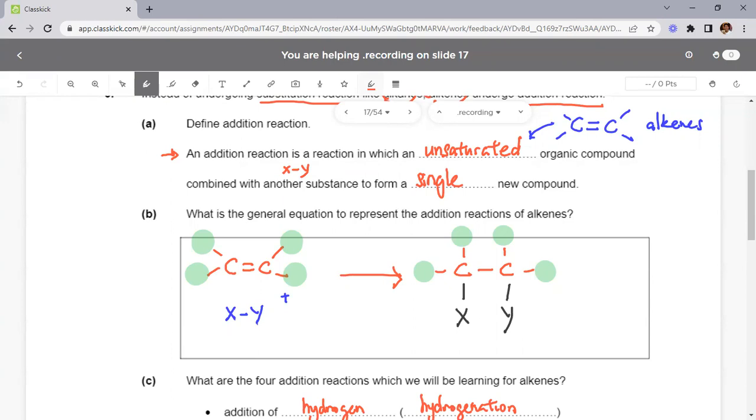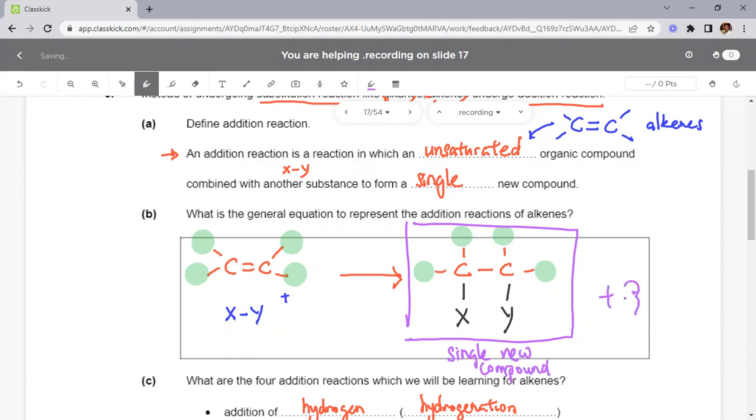You can see over here in purple, this is the only compound that is formed. No other things are being formed. So you just add in and form a new molecule. Any questions for this part?